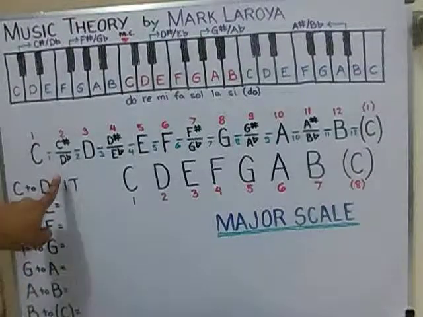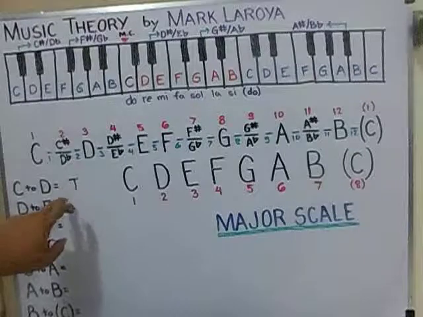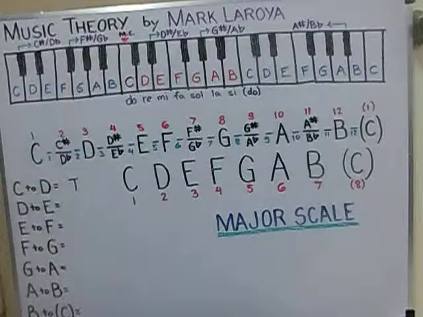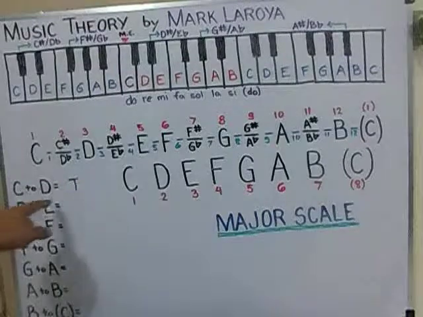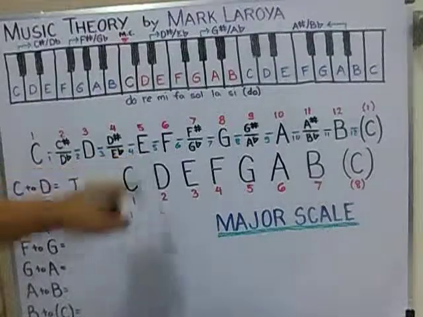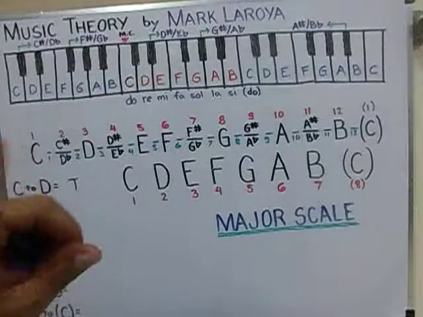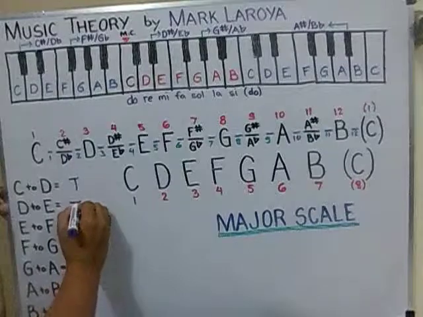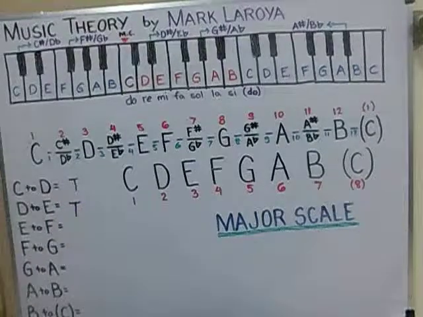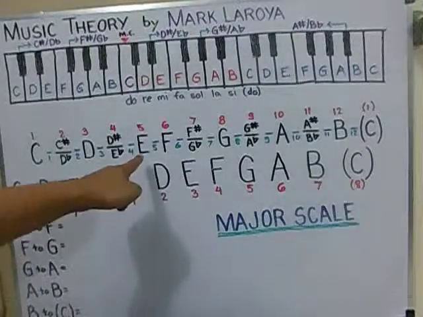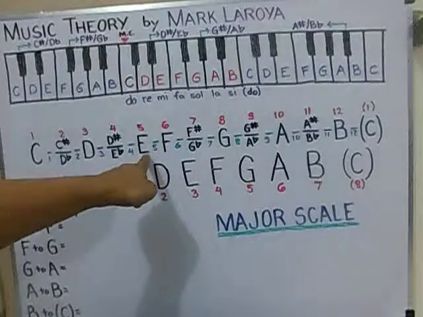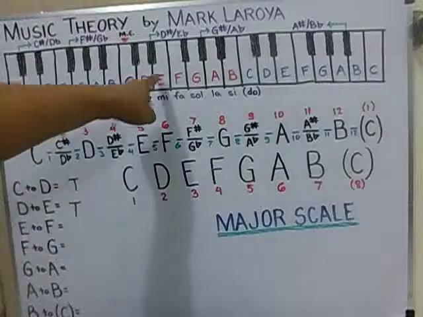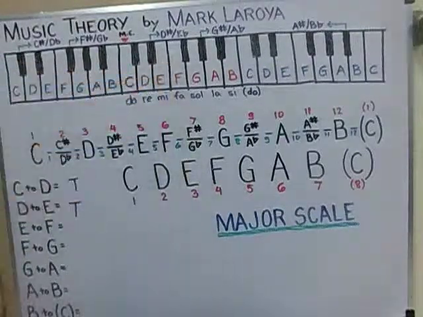Or let's just put tone. Therefore, it is a complete tone from C to D. Then, from D to E, 1, 2, also equivalent to one tone. Let's just put T. Then now, from E to F, it's just one step, so one semitone, as we can see here in the keyboard.